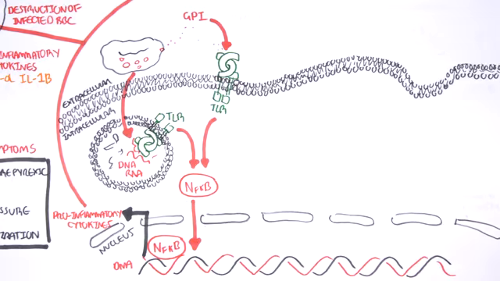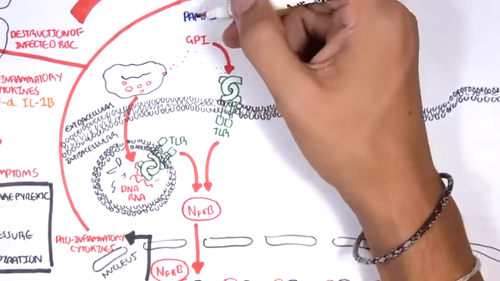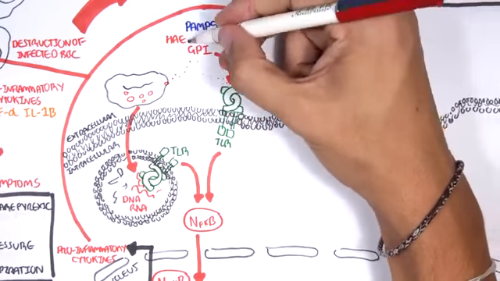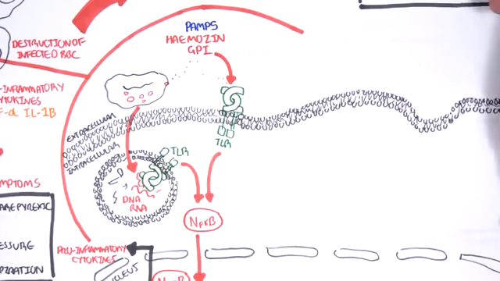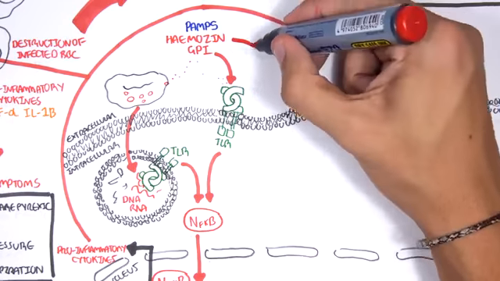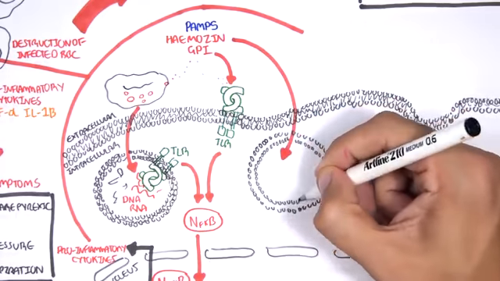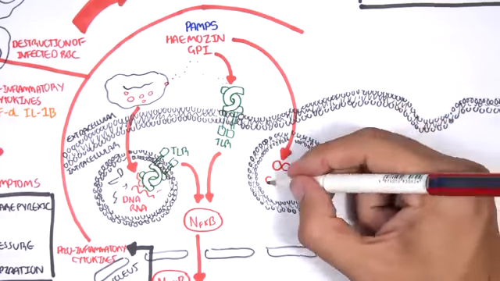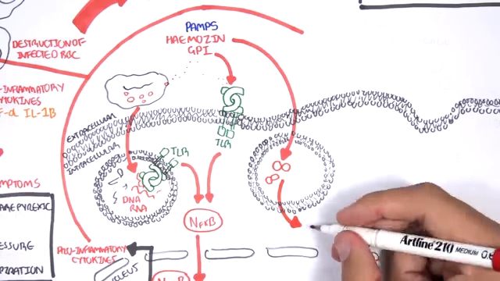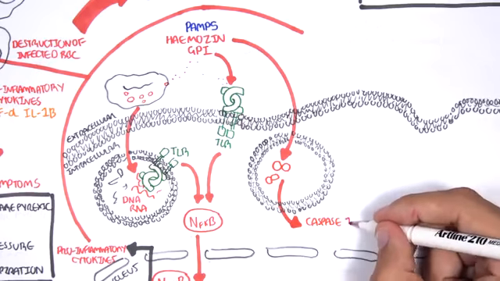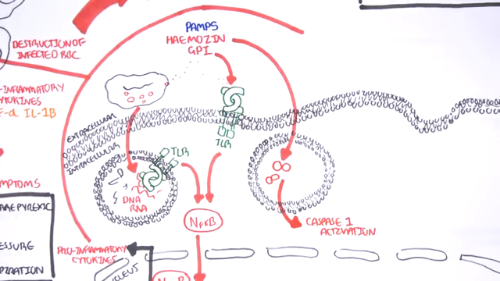Another pathogen-associated molecular pattern is hemozoin, which is a product of parasite metabolism of heme within red blood cells. Hemozoin is released, which can be taken up by macrophages. Hemozoin, through several processes, can lead to the activation of caspase-1.